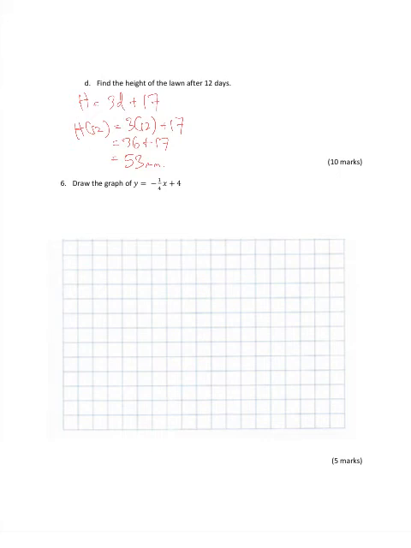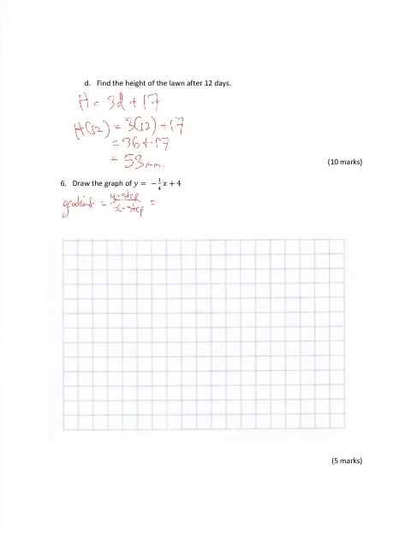Question 6. Draw the graph of y is equal to negative a quarter x plus 4. So now we need to use the other use of that gradient, which is gradient is equal to the y step over the x step.